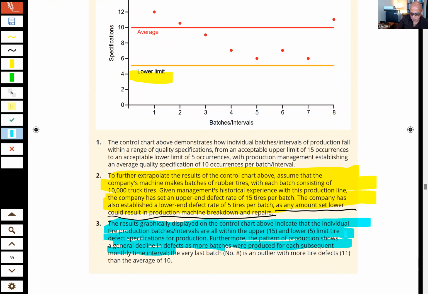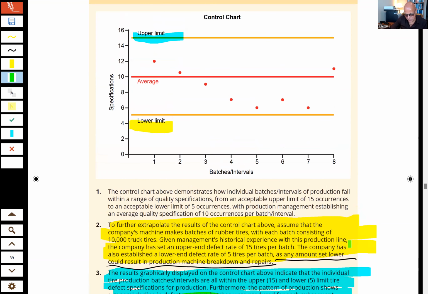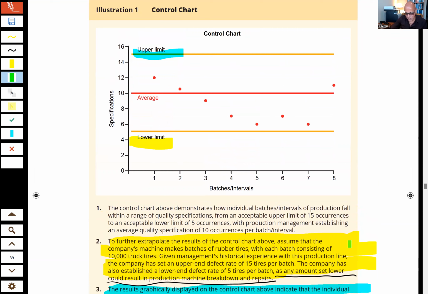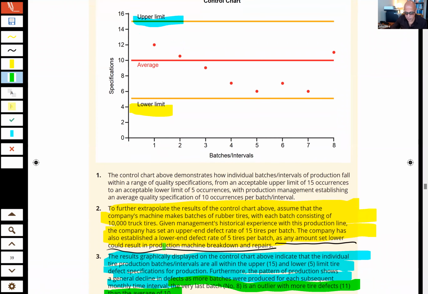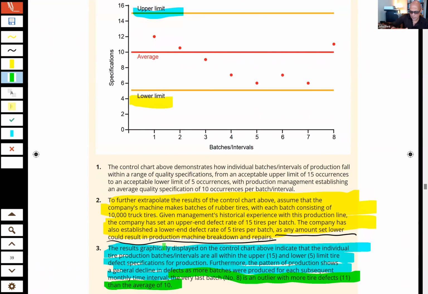The very last batch, number 8, they tell me is an outlier with more tire defects, 11, than the average of 10. And I'm like, I don't see it as an outlier. I don't see no outlier there. But if they want to say that it's an outlier, okay, I guess I'll accept that. But I would be watching that, you know, we were getting close to that lower limit.